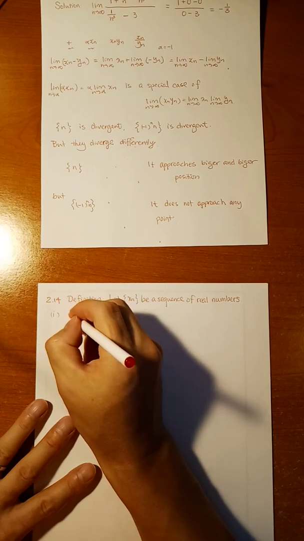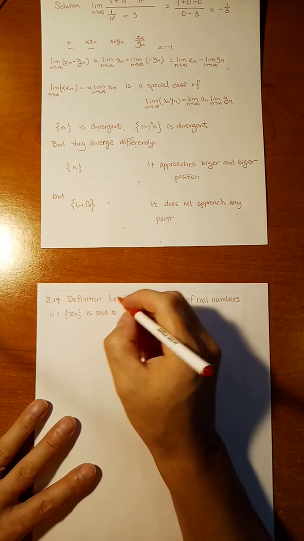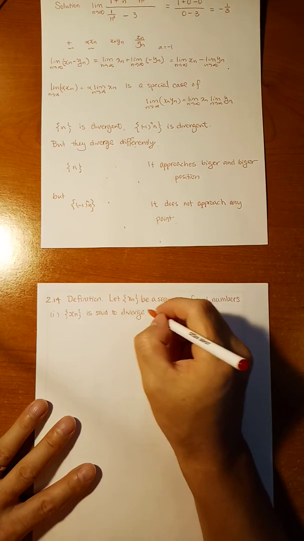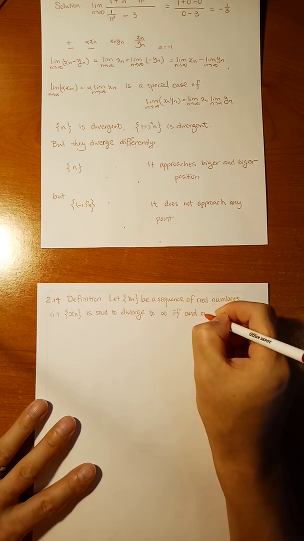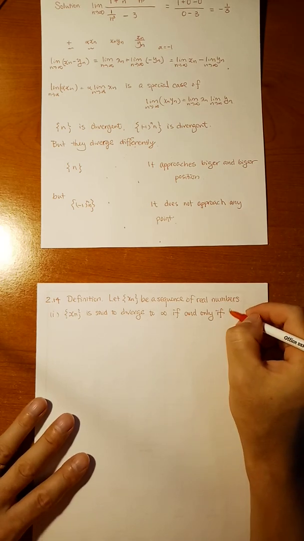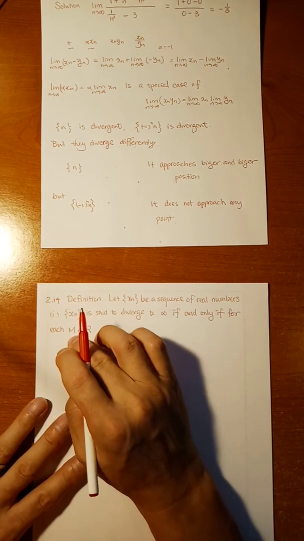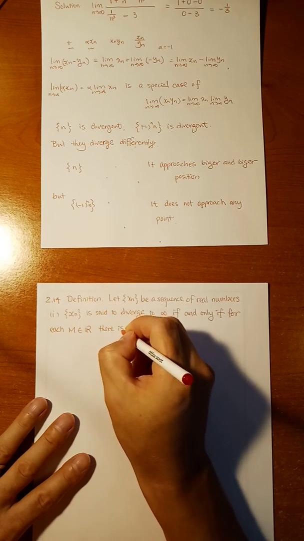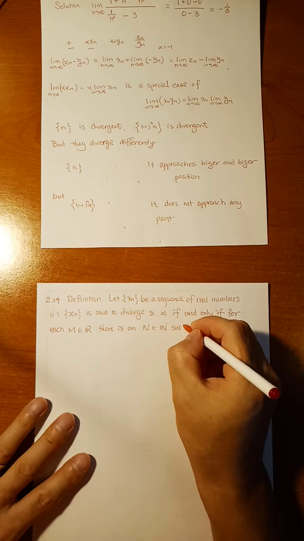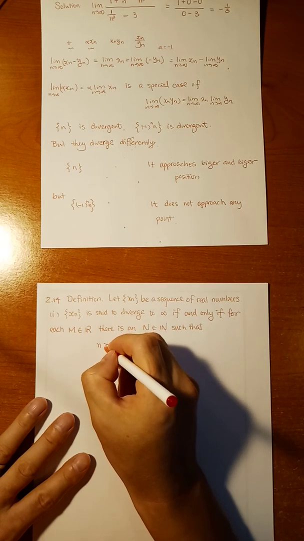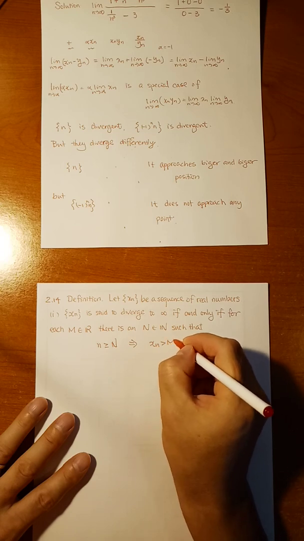Xn is said to diverge to positive infinity if and only if for each m in R, whatever m, every m, there is a capital N in the natural numbers such that when the index n is greater than or equal to capital N, you will get xn is greater than m.